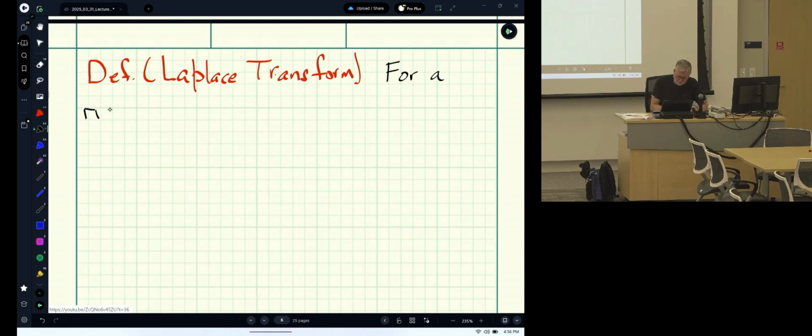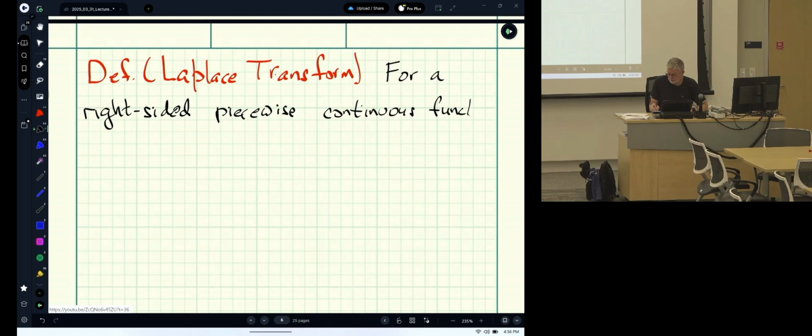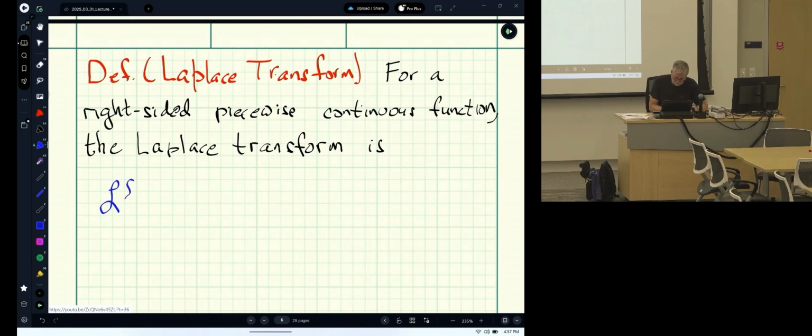So for a right-sided piecewise continuous function, the Laplace transform is typically written with a script L. So that's kind of cool.